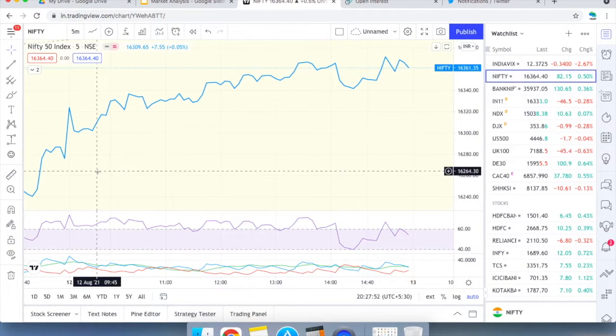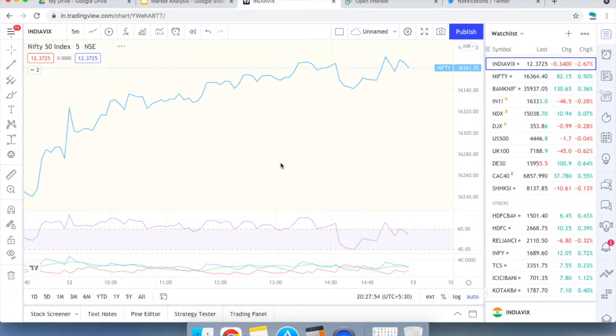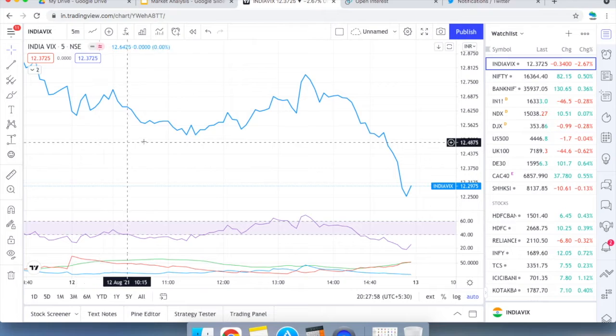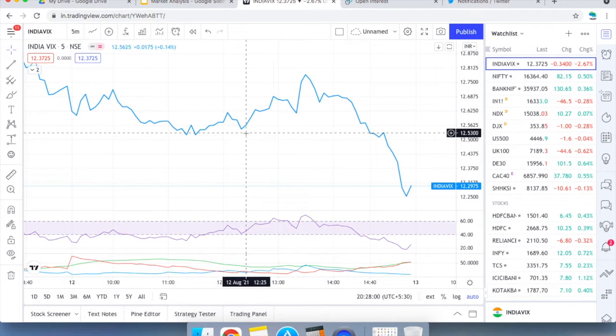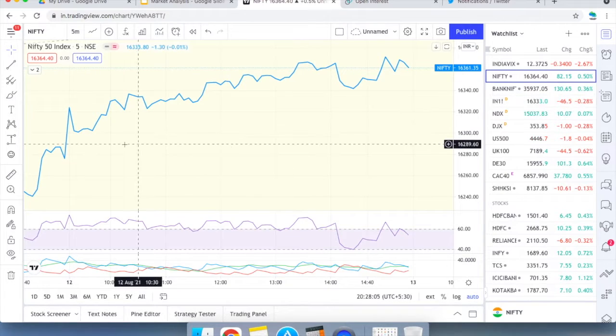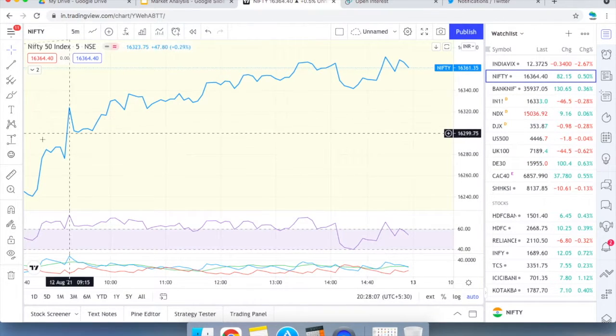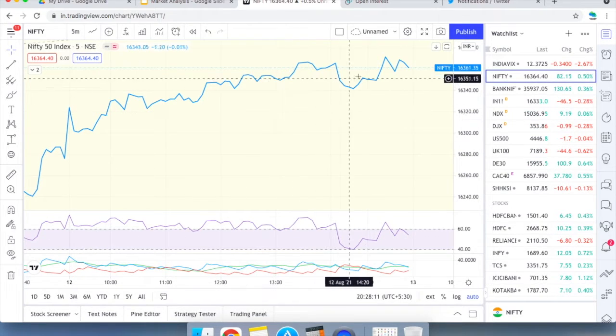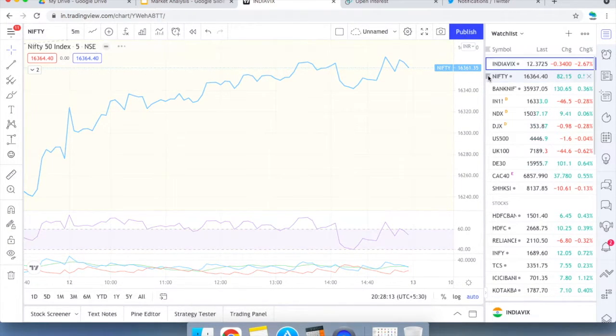The market is trending upwards throughout. If you see the 5 minute chart of Nifty, the market is trending upwards. Look at the VIX.